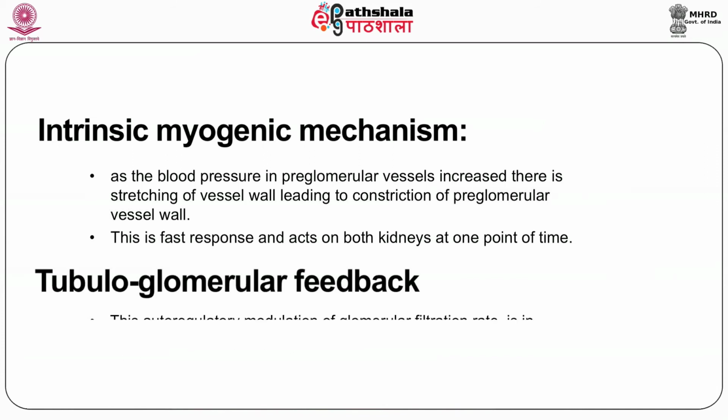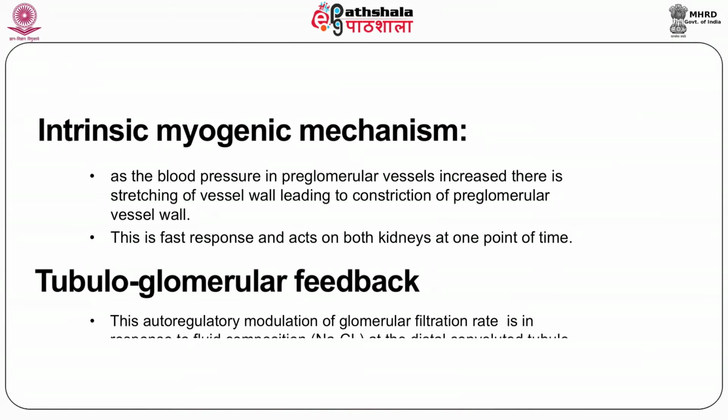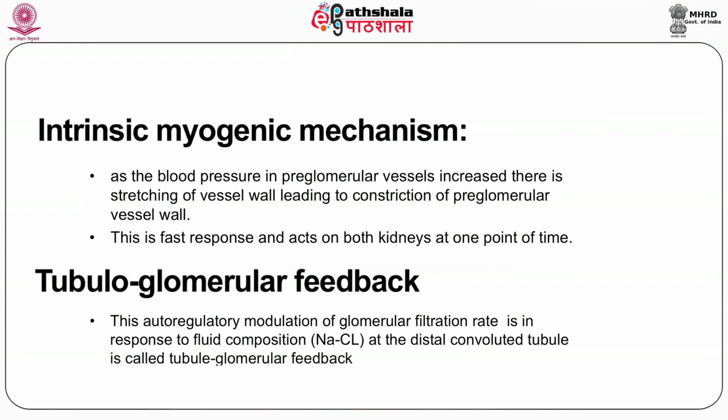While the tubuloglomerular feedback response is an autoregulatory modulation of glomerular filtration rate, it is in response to the fluid composition, particularly the sodium chloride delivery at the level of the distal convoluted tubule, and hence it is called the tubuloglomerular feedback.